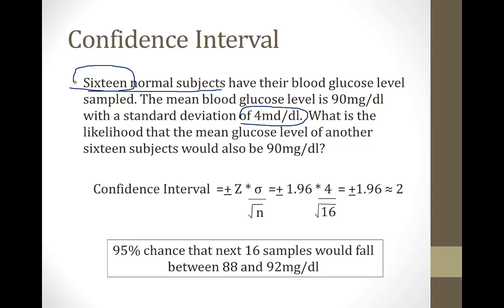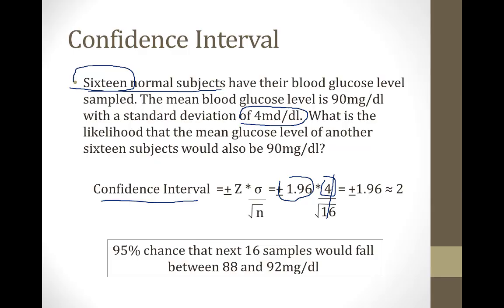And then the question asks, what is the likelihood that the mean glucose level of another 16 subjects would also be 90? Well, let's calculate the confidence interval. So that's plus or minus z times sigma over the square root of n. But remember, z is almost always 1.96, especially for 95%. The standard deviation is 4, and the square root of n is the square root of 16, which is also 4. So this is going to be 4 divided by 4.